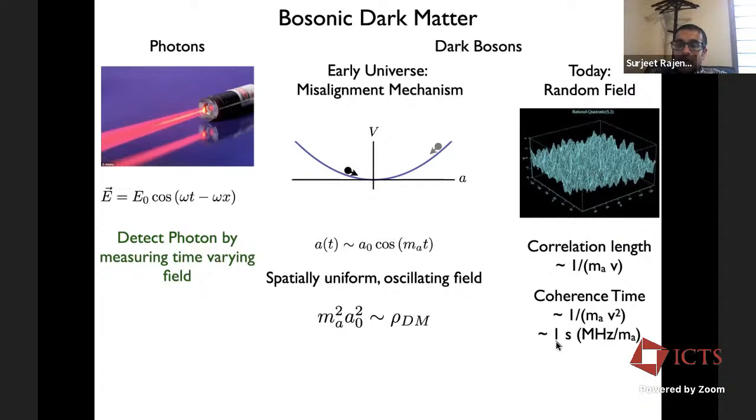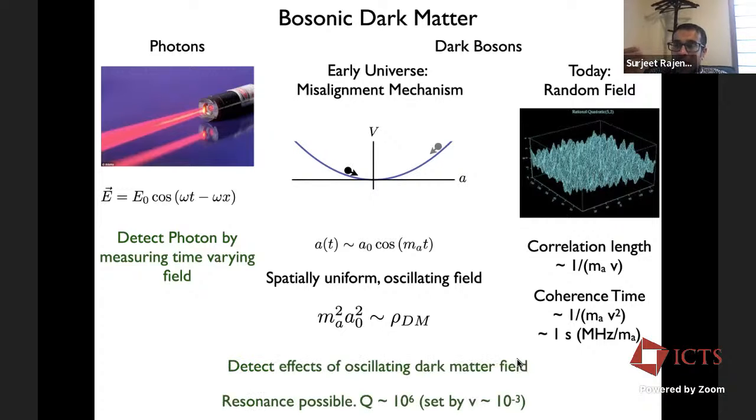So this combination of facts makes it very interesting to think about experiments that can detect the effects of this oscillating dark matter field, just like how I detect a radio wave by the time-varying electromagnetic field that causes a current to go up and down in an antenna. And because I can have 10 to the 6 oscillations, I can try to come up with a resonant experiment where I'm able to hone in on the dark matter signal at a specific frequency and detect that. So that is the general plot of this entire talk.